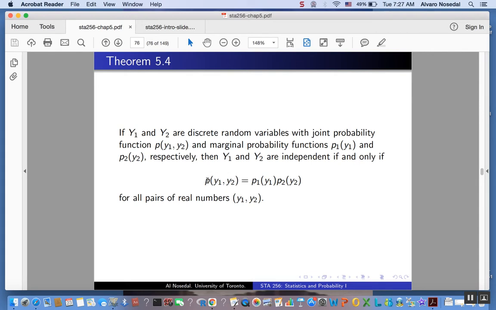If you can express the joint probability function as the product of the marginals, then the random variables are independent. And this idea here, that if the joint is the product of the marginals, then the random variables are independent, can be extended to more than two random variables.